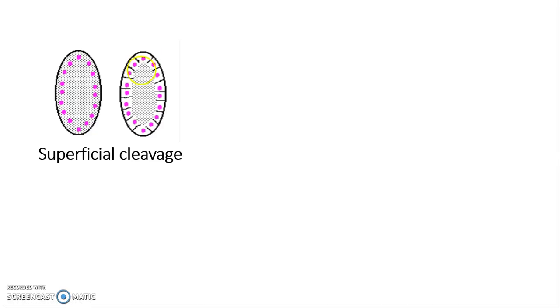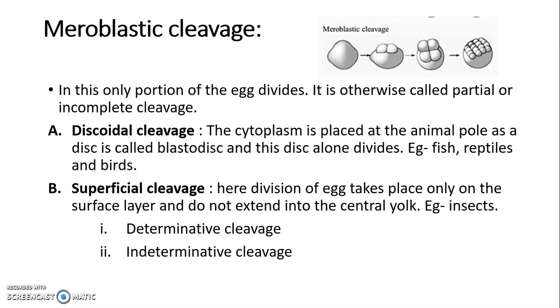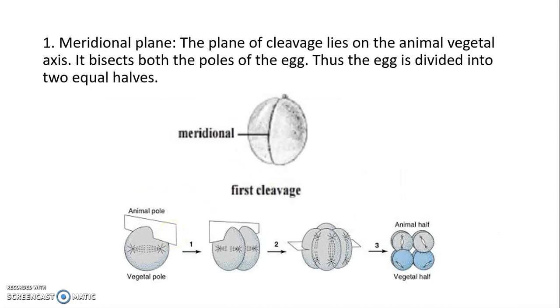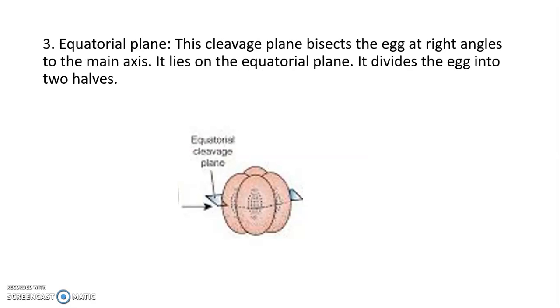Example, Drosophila. This type of cleavage will take place. And these planes of cleavage are not for your syllabus, they are only for understanding purposes. Planes of cleavage means at which position the division happens, while patterns means how the blastomeres are arranged. That is the difference between patterns and planes. Okay.